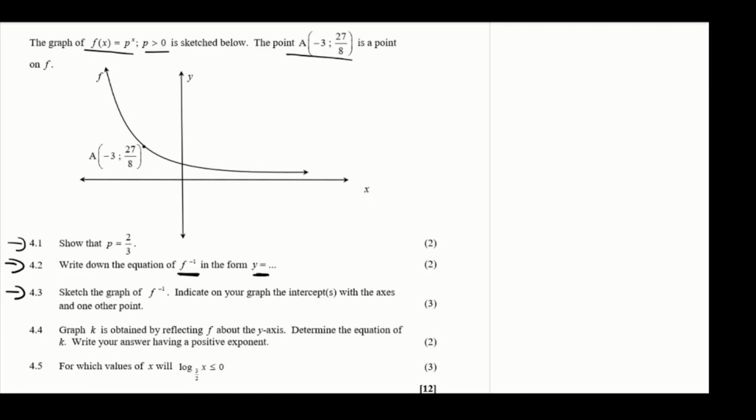So 4.3, we are asked to sketch the inverse of the function, indicating all the intercepts and one other point. Having our inverse, y equals log base 2/3 of x, we need to first find the intercepts of the function before we draw it.